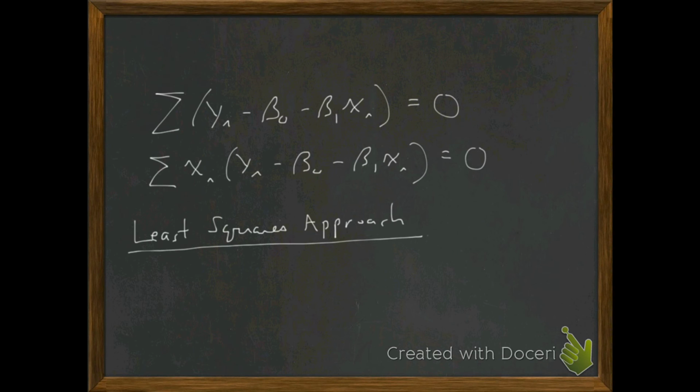So if you remember the least squares, we create this Q. And the goal is to find the minimum value of Q, which is just the sum of the least squares. Now, this approach led to the normal equations.